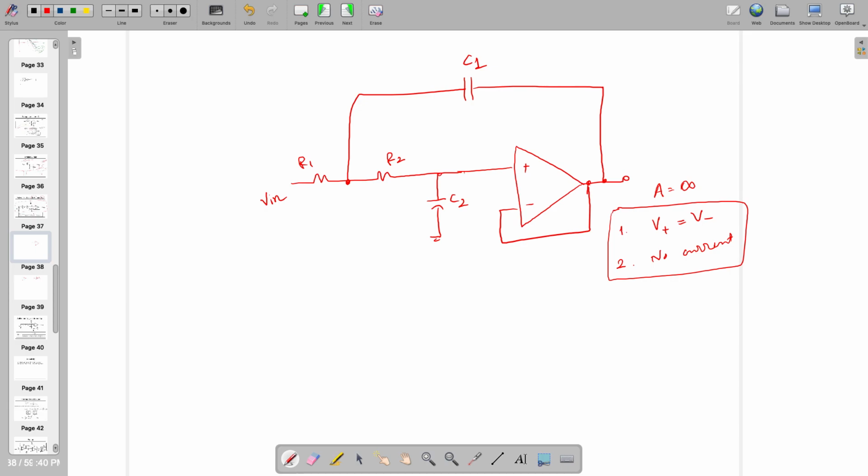So you can apply these two rules. Now can you solve this using KCL, KVL, or whatever law you know? So if this is V out, what will be the plus terminal? V out. Okay.